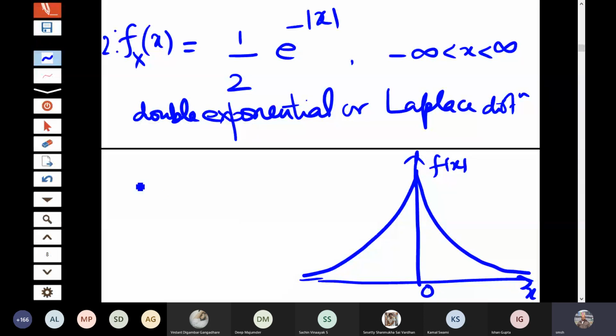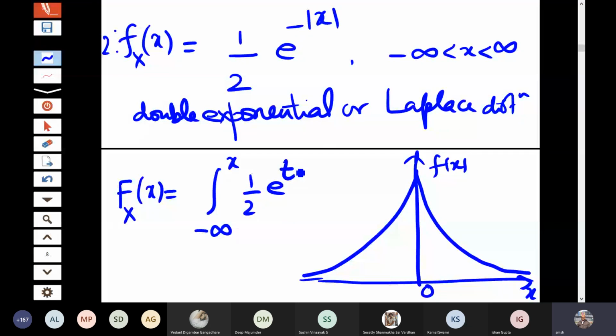Here you can see what the CDF is. Let us write this down. F of x is the integral from minus infinity to x of half e to the power mod of t. If I am taking x to be negative, then mod of x becomes minus x, so this will become plus.